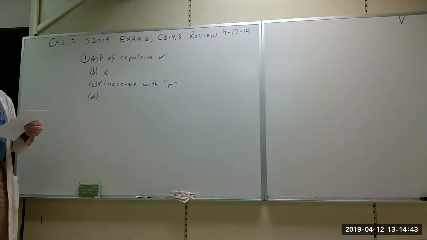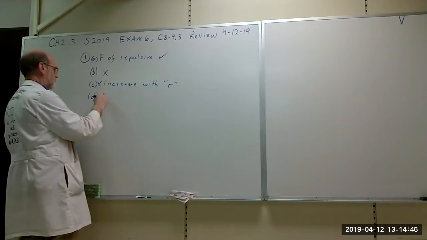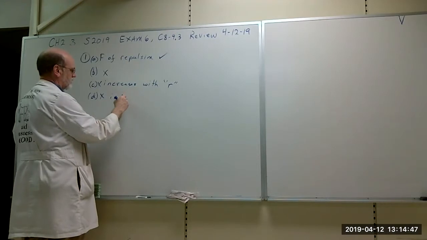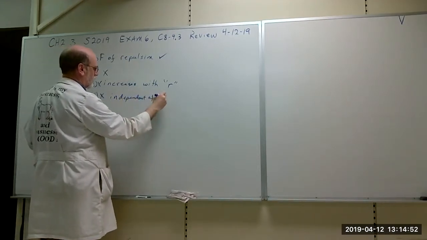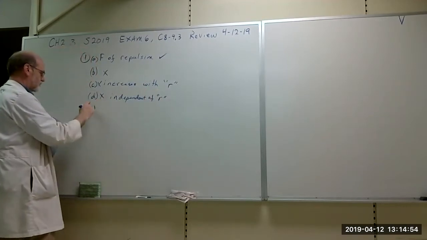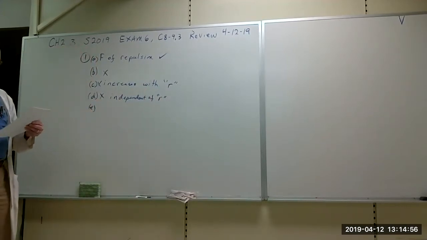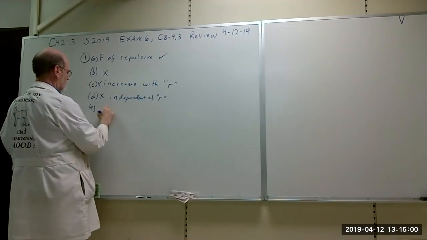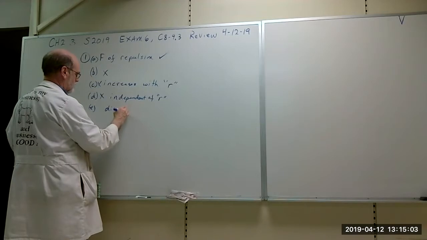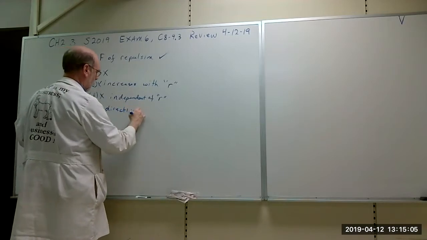D says that force is independent of the distance between them. Independent of R. That's false. E is directly proportional to the distance between them.